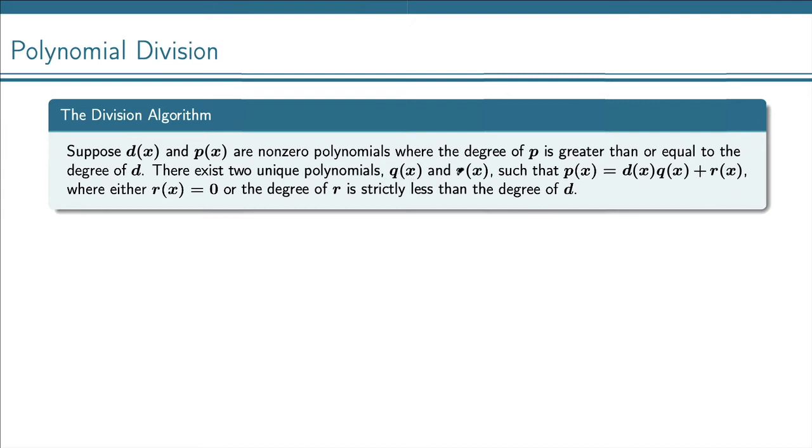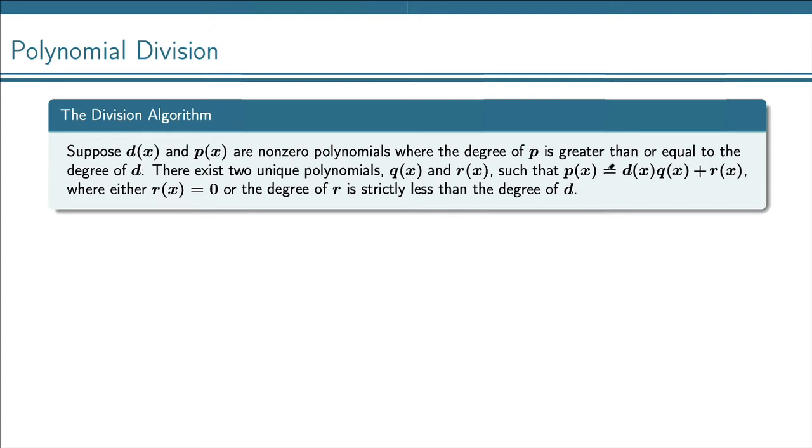Q for quotient and r for remainder. Where we can write p of x as d of x times q of x plus r of x. And this will always be true where r of x is either equal to 0, so your remainder is 0, or its degree is strictly less than the degree of d, which is the divisor.